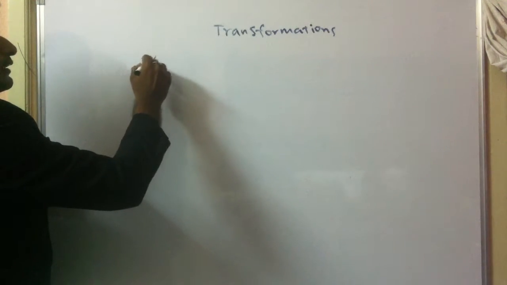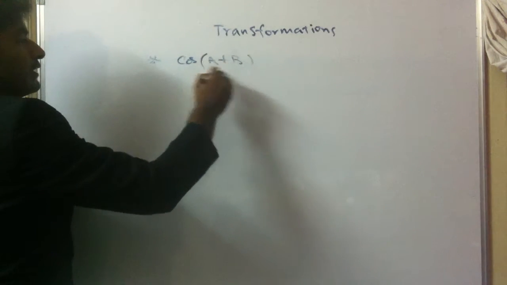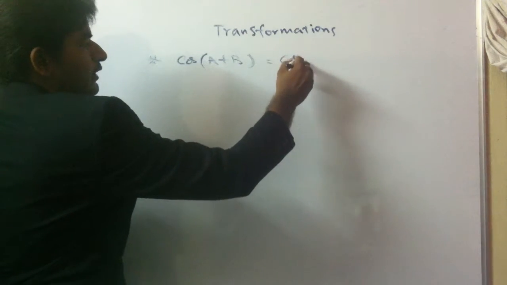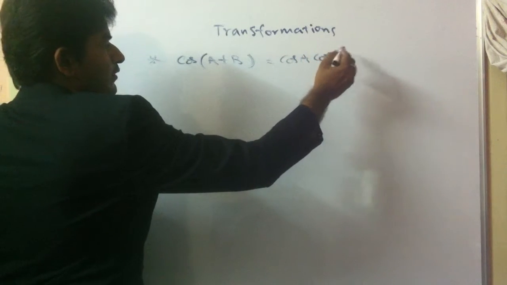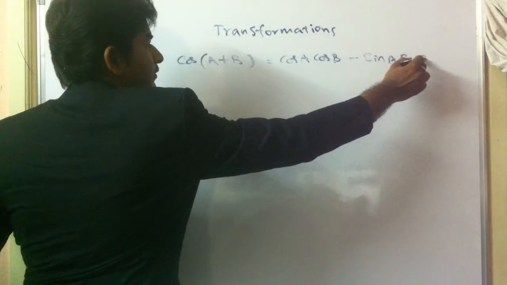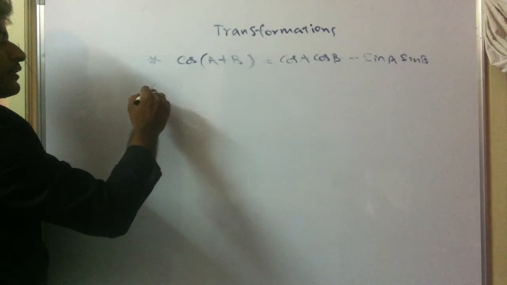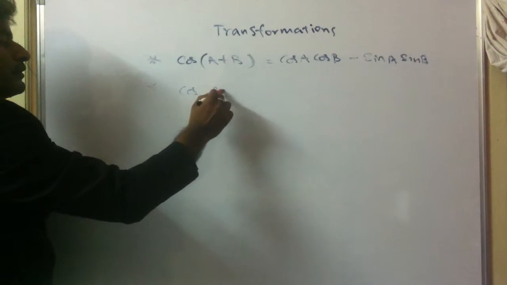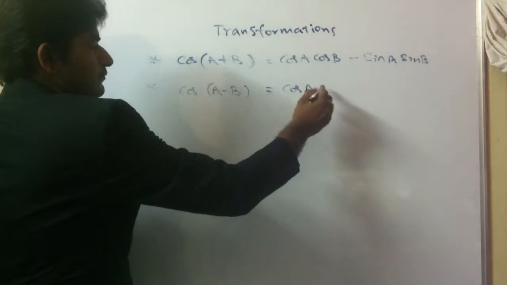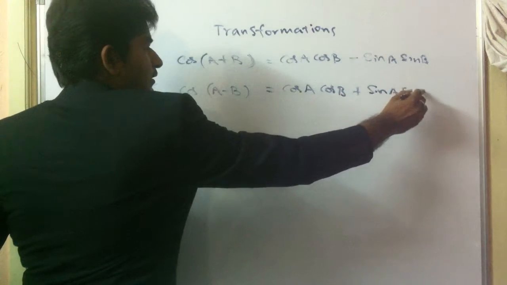In earlier topics we already learned that cos of a plus b is equal to cos a cos b minus sin a sin b. And cos of a minus b is equal to cos a cos b plus sin a sin b.